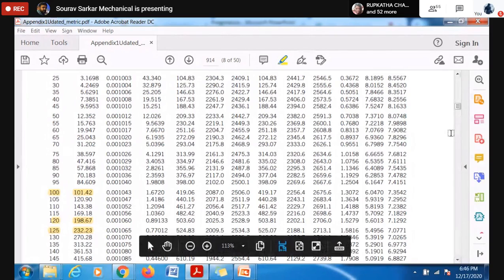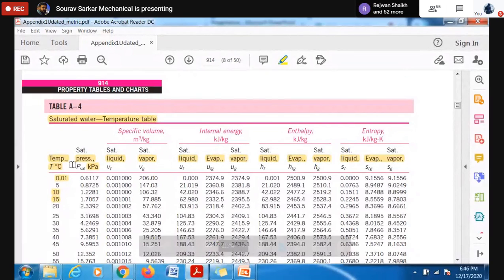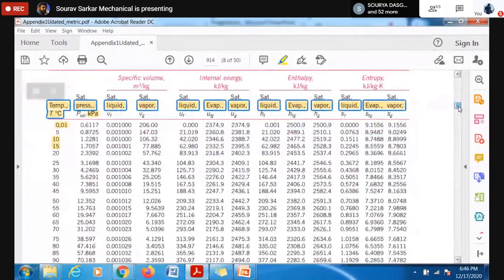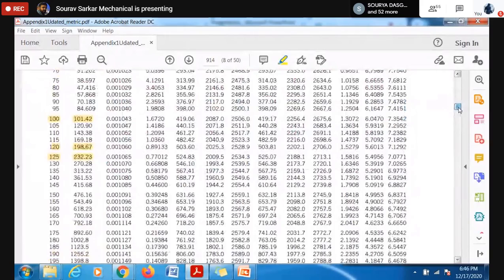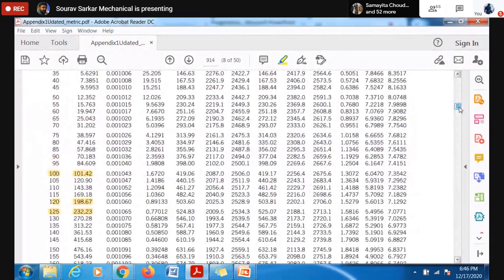So by the first two columns, I can easily determine what my saturation temperature is, and at that saturation temperature, what my corresponding saturation pressure is. You got my point? So if I tell you, at 150 degrees Celsius, what is the saturation pressure?